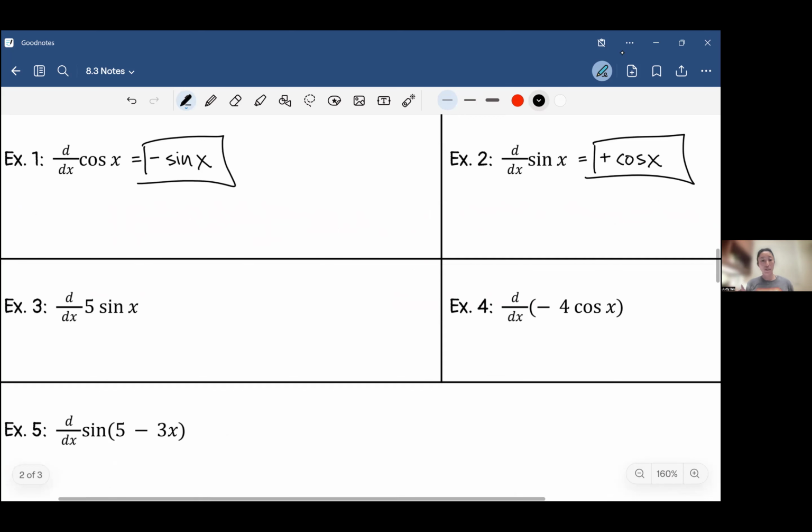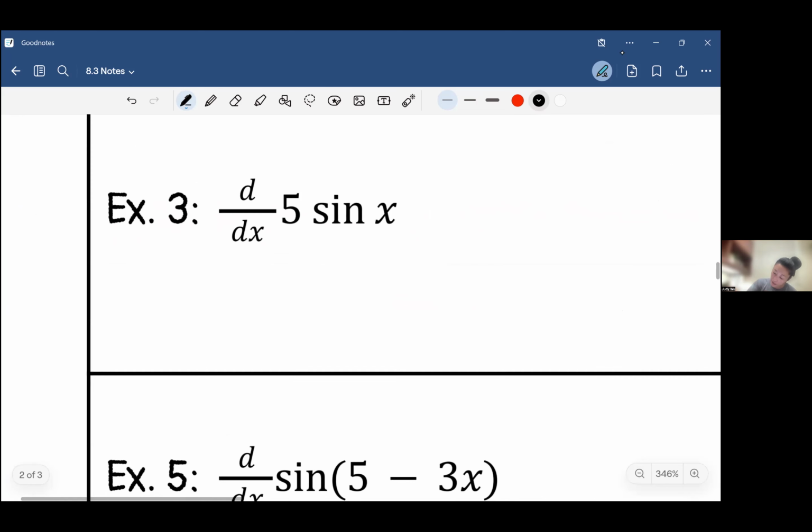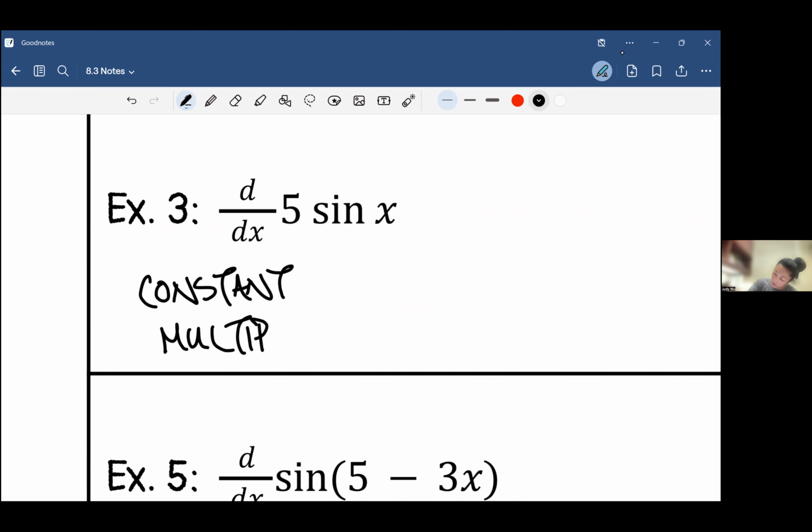All right, now if we look at 3 and 4, we'll see that they look kind of similar, except 3 has a 5 in the front and 4 has a negative 4 in the front. So just as a friendly reminder, this is called our constant multiple rule, where the 5 is the constant that we're multiplying.